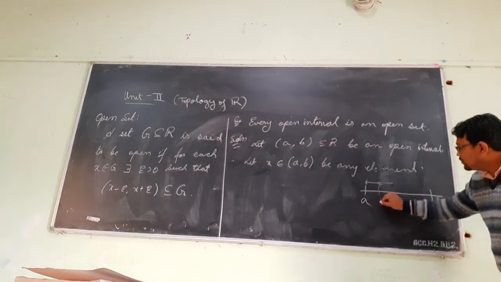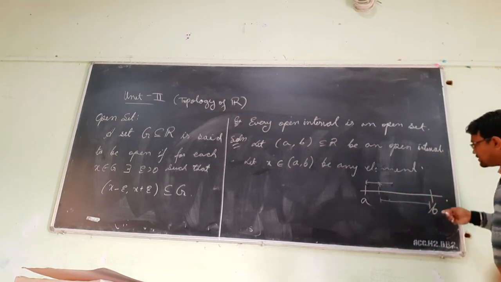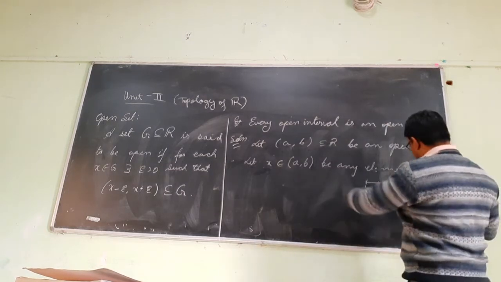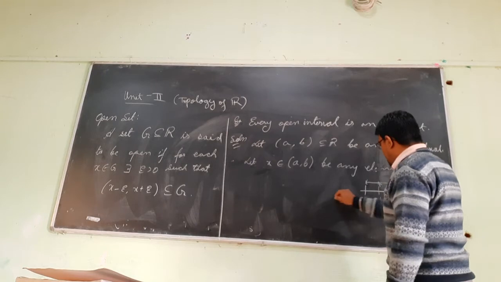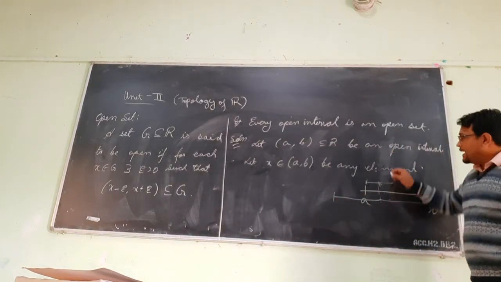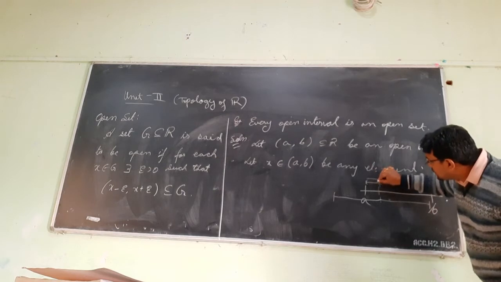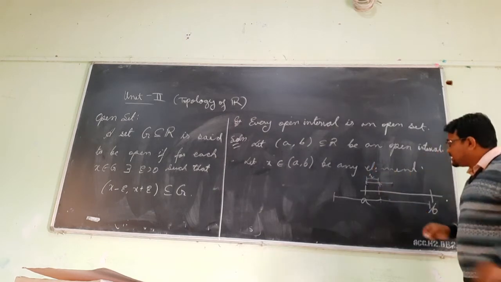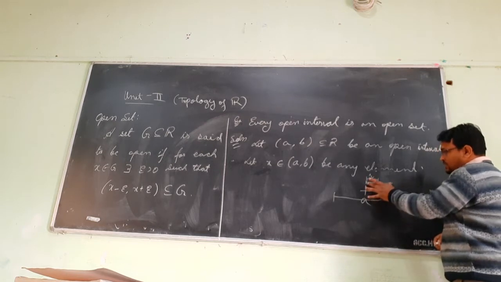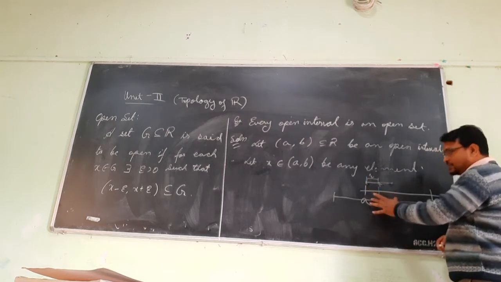But if you draw an open interval of this length, b minus x, then this side is okay, but this side will come outside the original set. Actually, epsilon is this distance. If I take epsilon as this distance, then x minus epsilon to x plus epsilon is an interval inside (a, b).